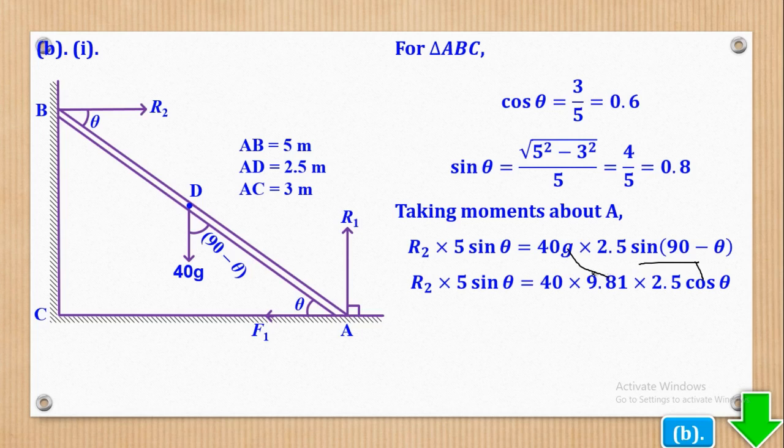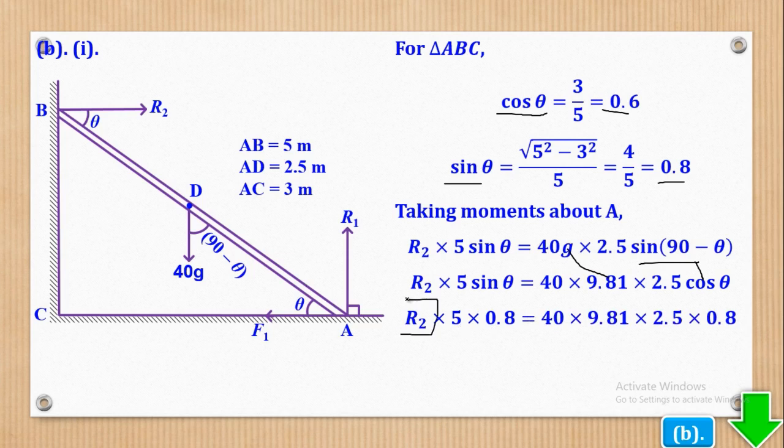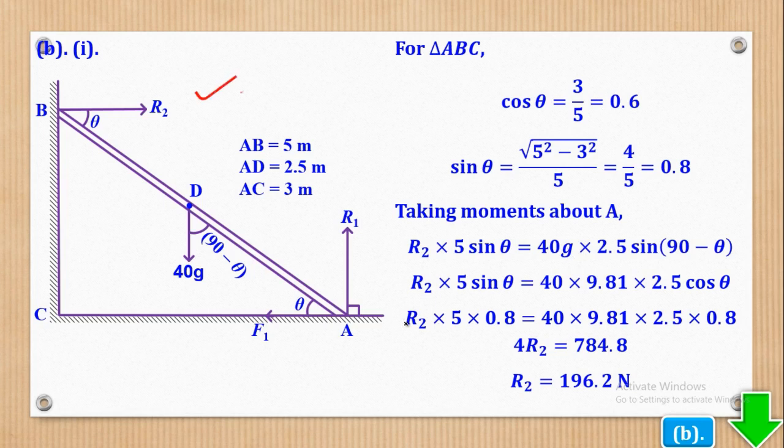Now that I've got that, I remember that cos theta is 0.6 and sin theta is 0.8, so I'll substitute. At this point, you realize that we have only one unknown, which is R2. So I'll simplify, and after simplifying, I'll make R2 the subject. Before I go to the next slide, let's see the marks for this slide.